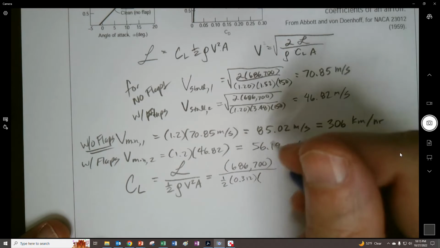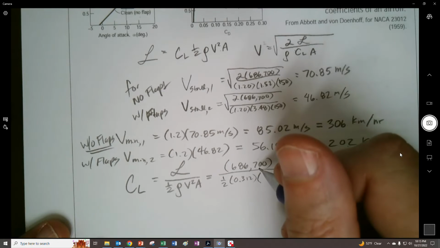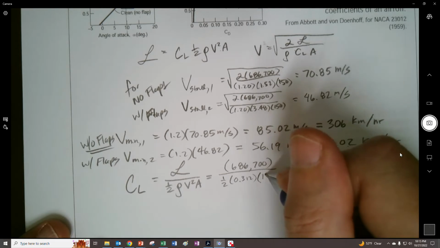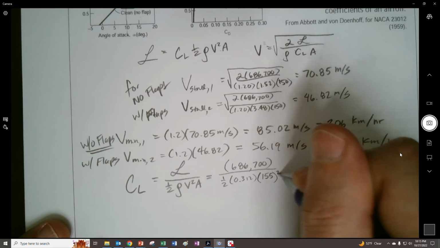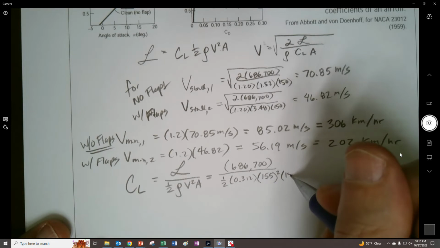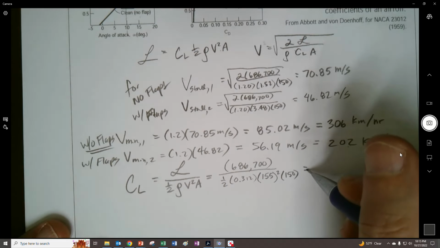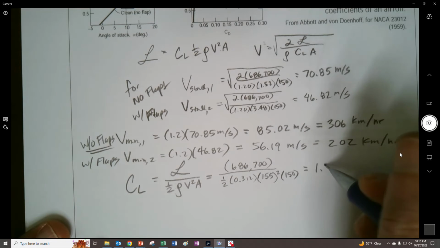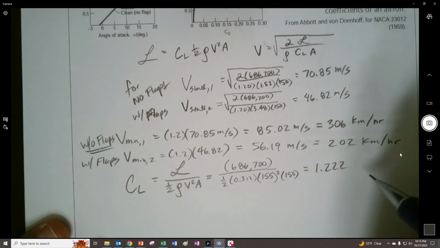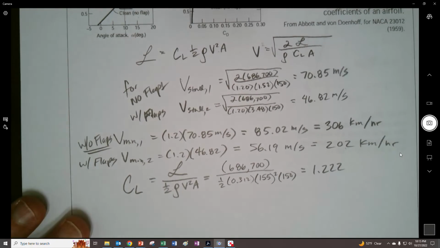They gave us the speed of 558, so we found out that was 155, squared, and then we had 150 square meters. So we end up with a lift coefficient of 1.22.